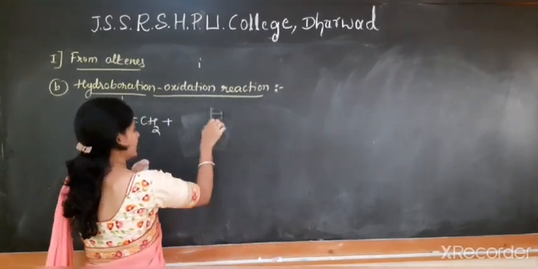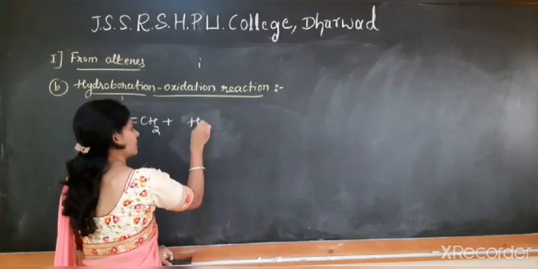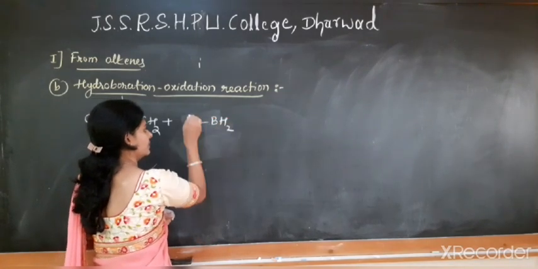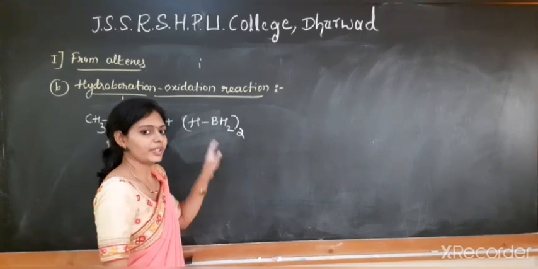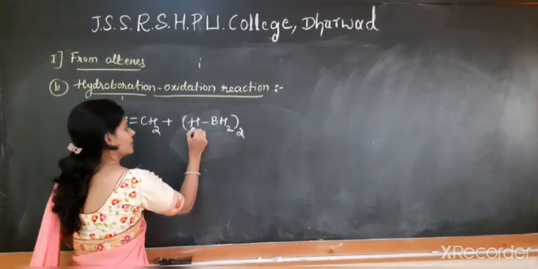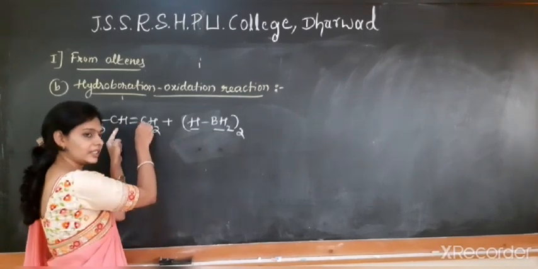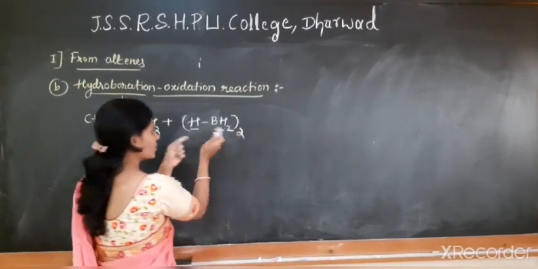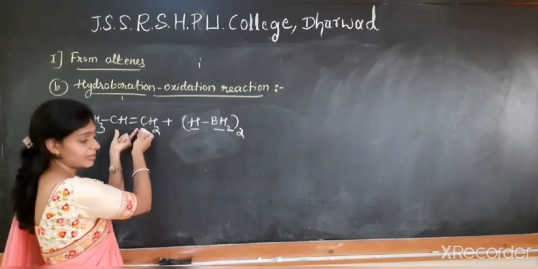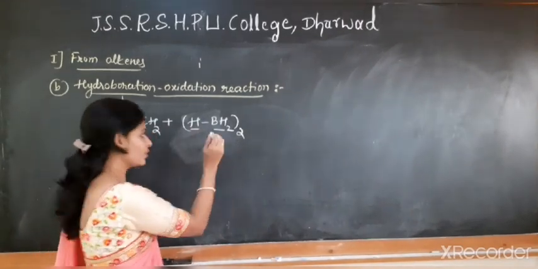So write here BH3 twice, just to make it simple. Now one part goes to one carbon, another part goes to another carbon. So the addition of diborane across the multiple bond takes place, which is called hydroboration reaction.